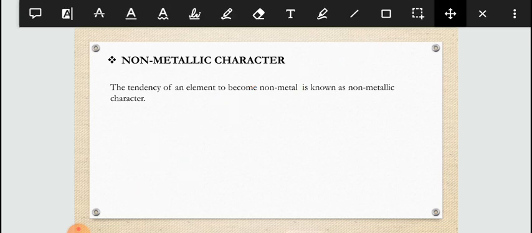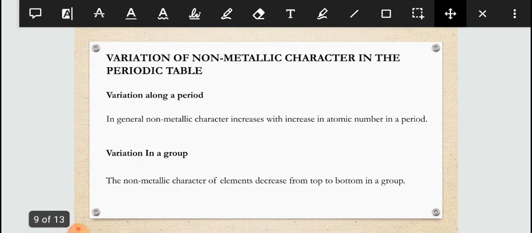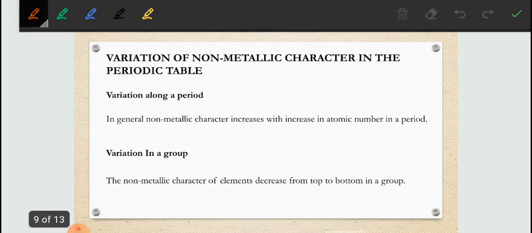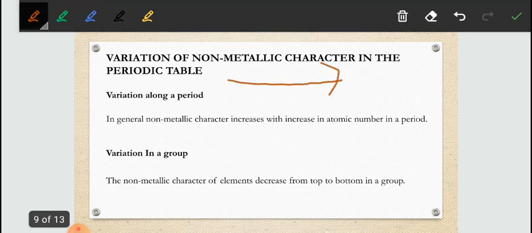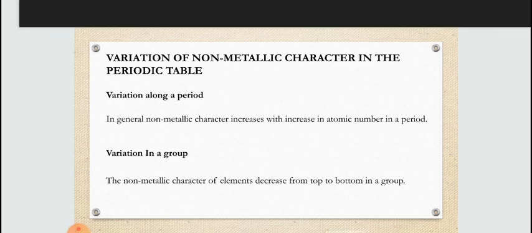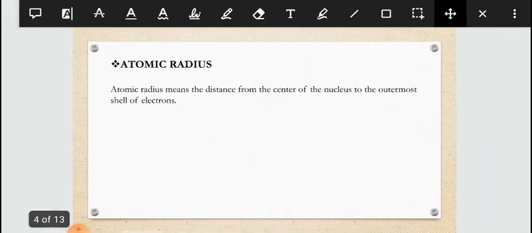Now we have to study their variation along the period and along the group. So as we know, across the period, nuclear charge increases. If nuclear charge increases across a period, that means it will be easy for the element to gain electrons rather than to lose. Again, I can show you the periodic table.